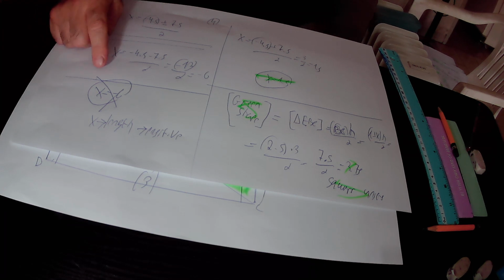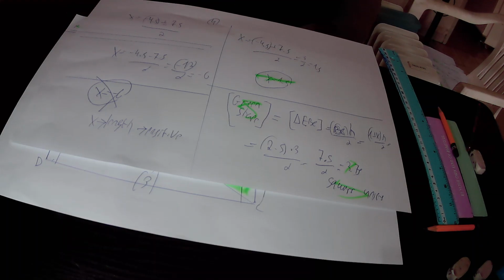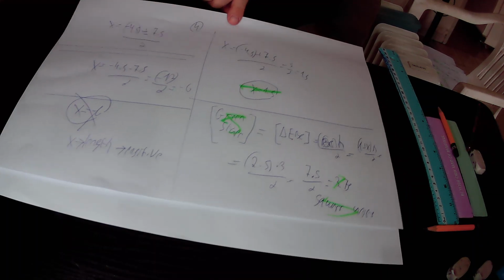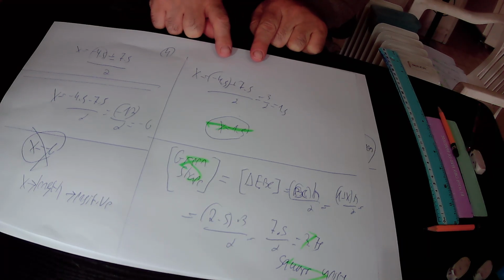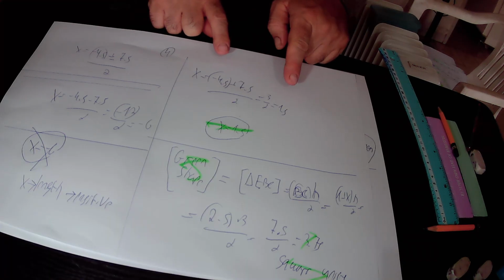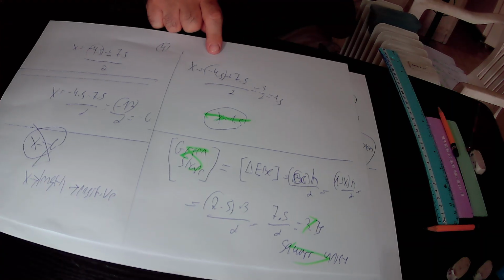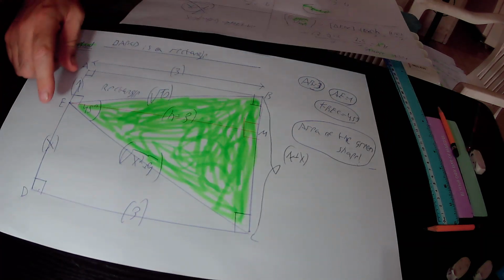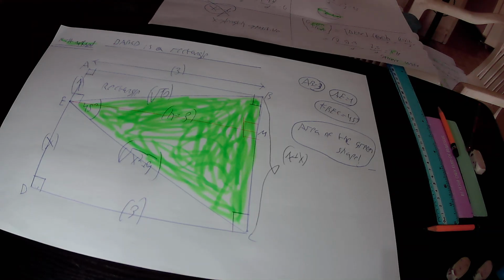So you can discard this first solution for x, and you are left only with the second solution for x. The second solution for x is as follows. X equals minus 4.5 plus 7.5 over 2. Minus 4.5 plus 7.5 is 3, so 3 over 2 is 1.5. So the second solution is that x equals 1.5 units in length. This is the answer: AD equals x, and x equals 1.5 units in length.